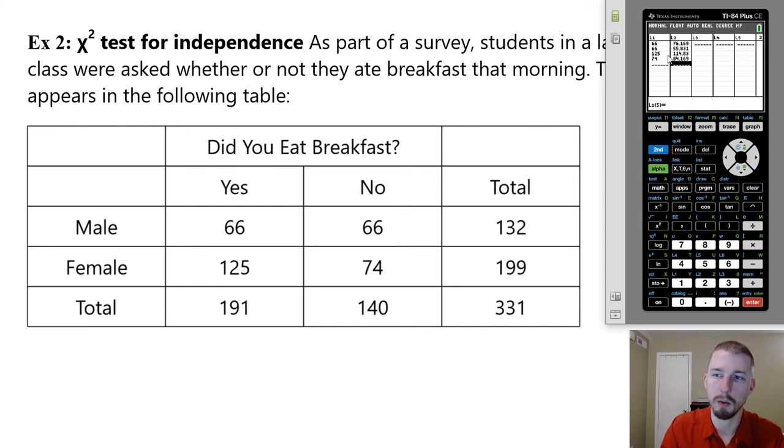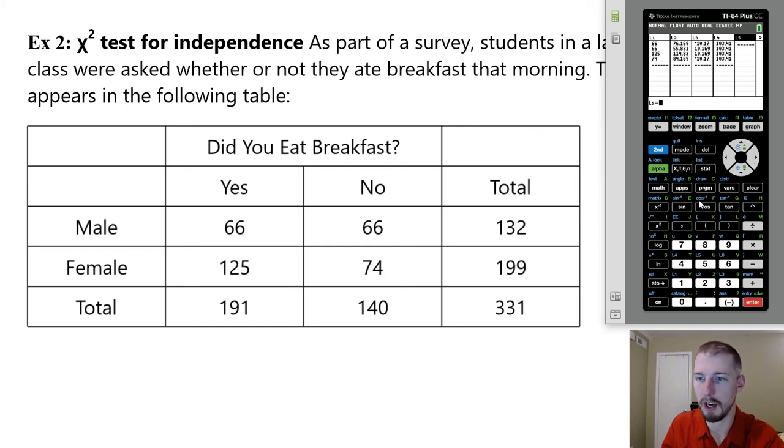Now we're going to take our observations minus the expected, so that's basically list 1 minus list 2. Then we take those and square them, so that's list 3 squared. Then we need to proportionalize those by dividing by their expected values.